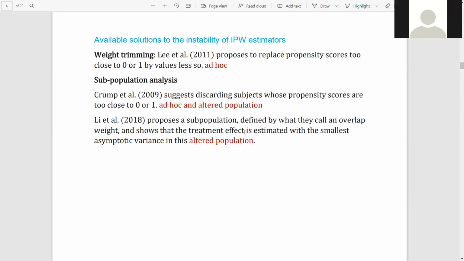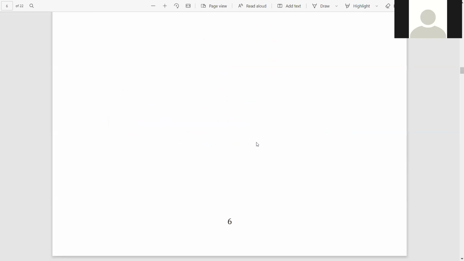If you are willing to accept their subpopulation, you can get a very precise estimate of the treatment effect in that specific subpopulation. But the problem is that we have an altered population.